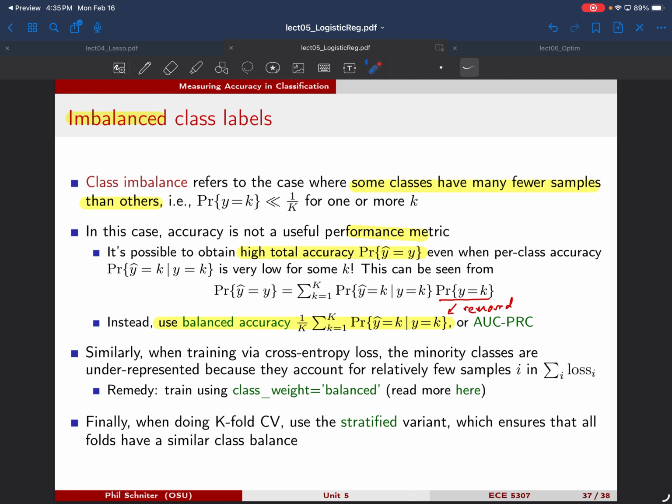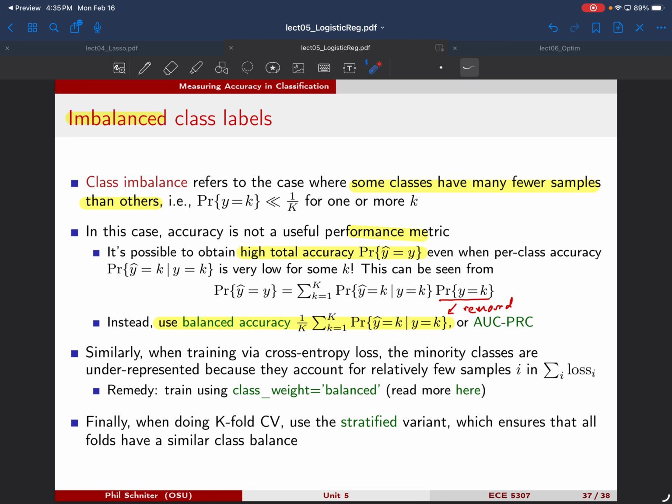So if I have 2 classes, healthy and sick, I'm going to just take 0.5 times the healthy probability and 0.5 times the sick probability. And that's better than this, where we're weighting the healthy ones 999 over 1,000. Okay, so this is one approach.